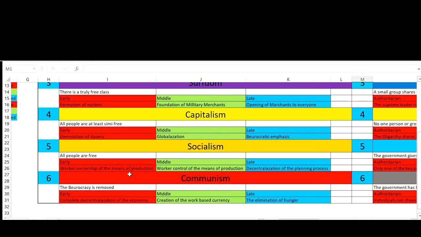So in early stage communism, you have the complete decentralization of the economy. Think of it this way: if there is a government, that government does not have any say regarding the economy.